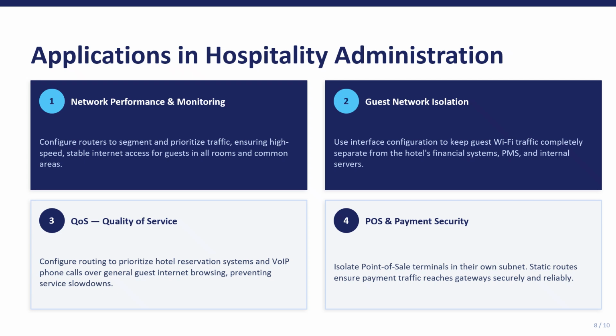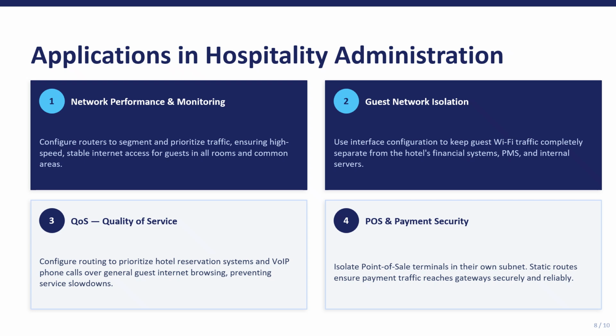The third is quality of service, or QoS. Configure routing to prioritize the hotel reservation system and VoIP phone calls over general guest internet browsing, preventing service slowdown. This lets the router prioritize the reservation system and VoIP calls over guests watching Netflix, YouTube, and streaming platforms.